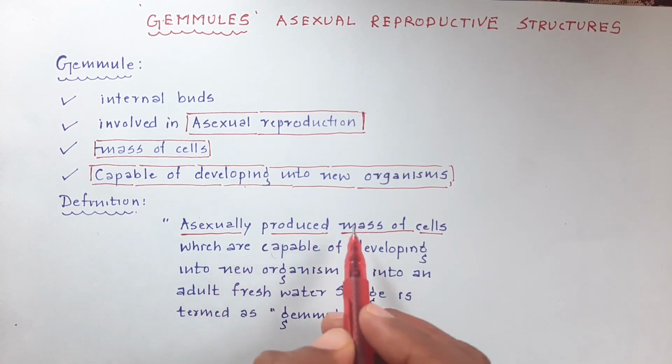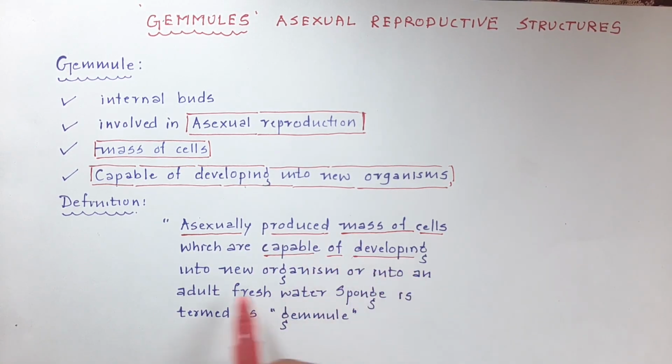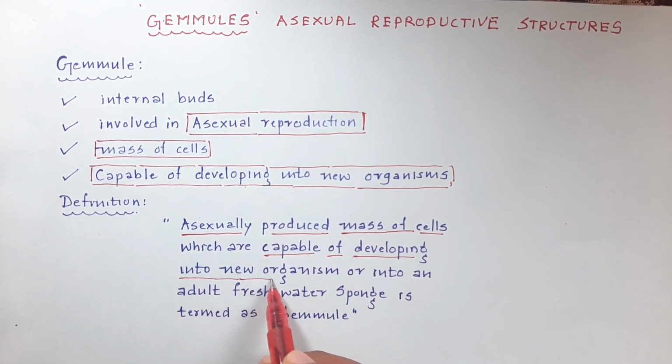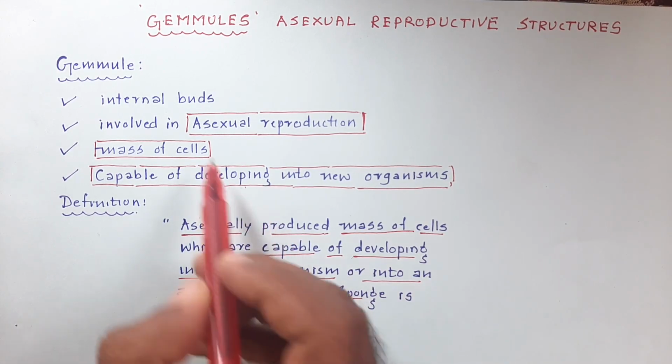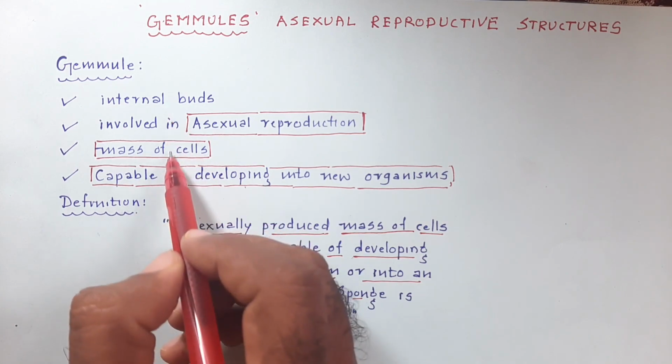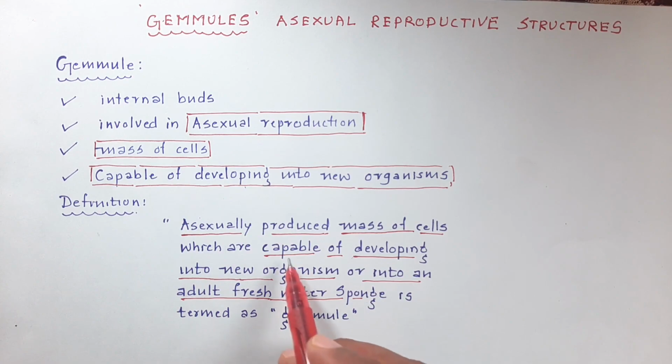So these points, asexually produced mass of cells and capable of developing into new organism or into an adult freshwater sponge, whatever we have discussed one by one here, are all considered, and hence we have got the meaningful definition here.